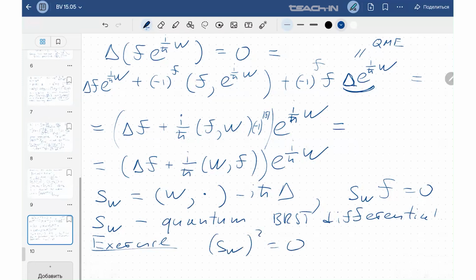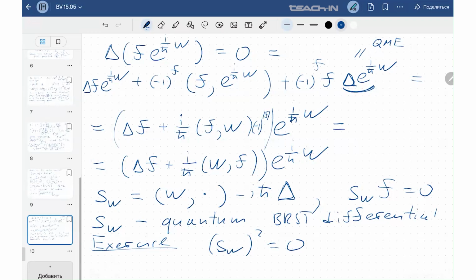And one can speak about quantum BRST cohomology, but again, let me warn you that this delta operator in realistic field theory is quite an ill-defined object. So one should think of it rather formally or assume that some kind of regularization has been done.